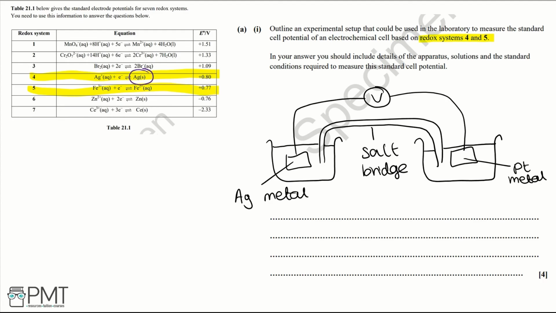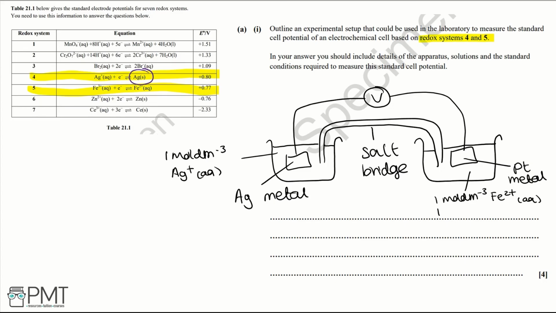Then we need to identify what's going to be in each beaker. In the beaker on the left, we're going to have 1 mole per decimeter cubed of silver 1+ ions, and they're aqueous. And then in the beaker on the right, we're going to have 1 mole per decimeter cubed of iron 2+ ions, and they're aqueous.